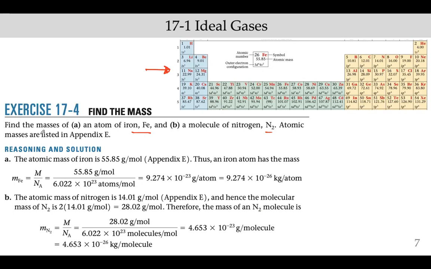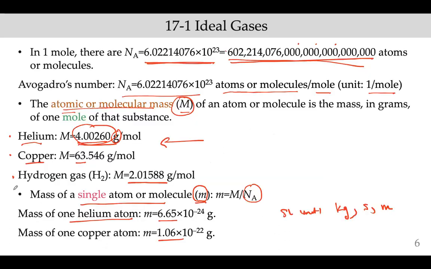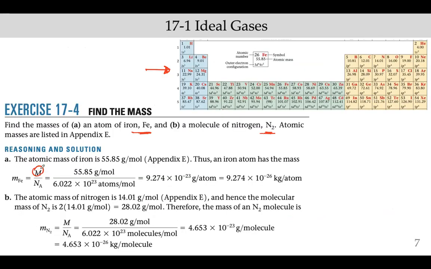It's asking the mass of single atoms and single molecules. To be able to do that, we will divide the mass numbers. Let me go back 1 slide. So atomic or molecular mass, that was for 1 mole. And where do you get them? Well, you get them from the periodic table.